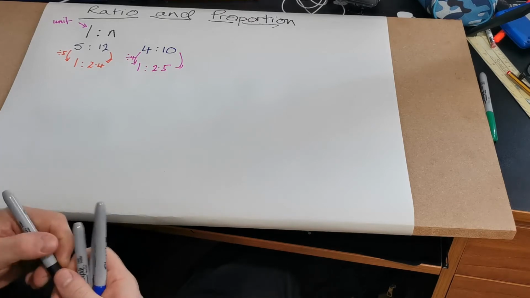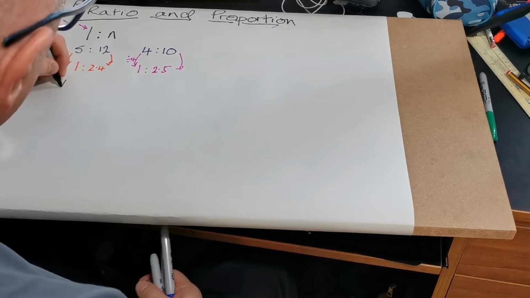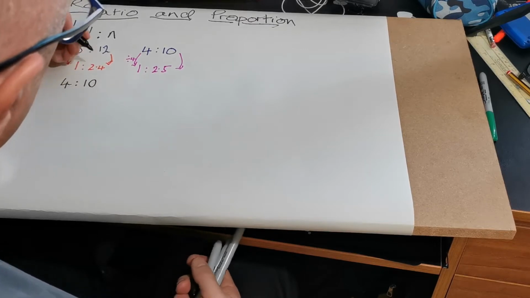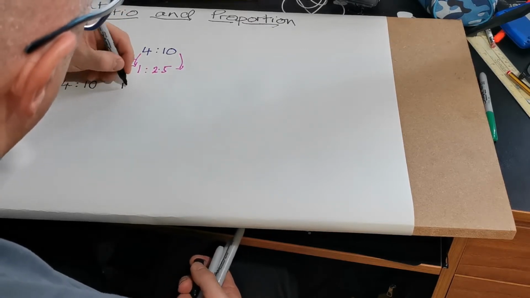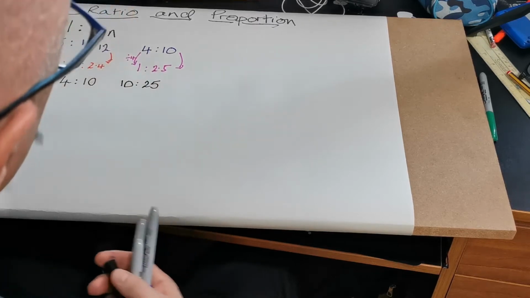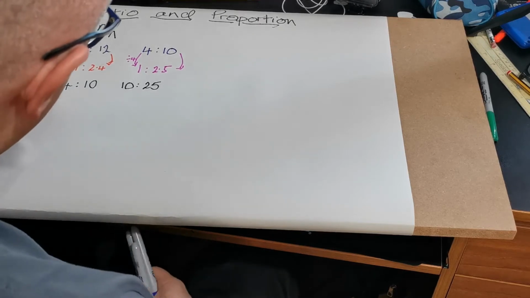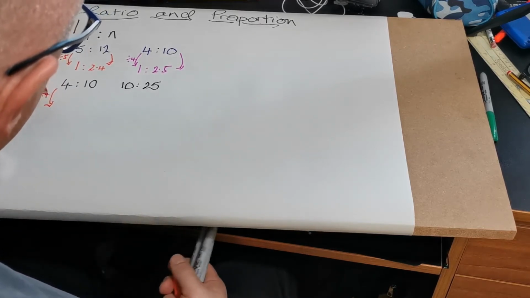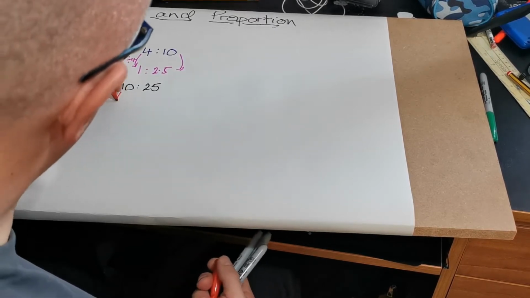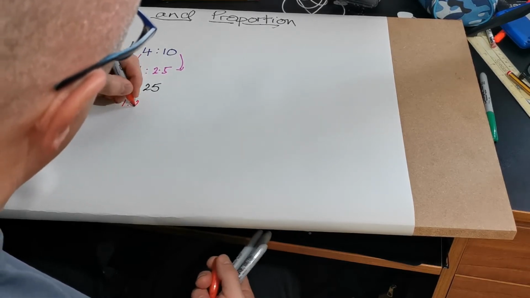Now if I looked at two different ones, so for example 4 to 10 and 10 to 25, again if you boiled those down to the unit, so divide by 4 in this one, I get 1 to 2.5, and then divide by 10 in this one, and I get 1 to 2.5.